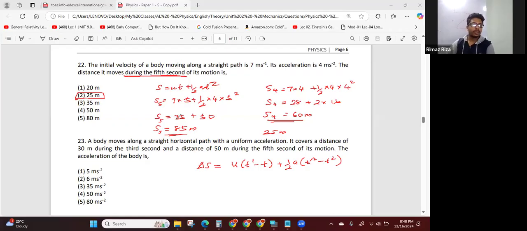Now, for example, for this question you need to get the distance traveled during the 5th second.